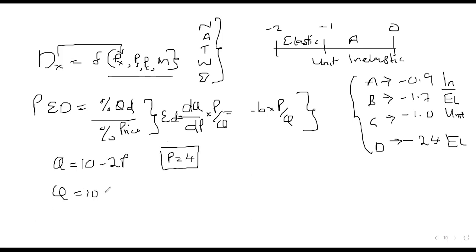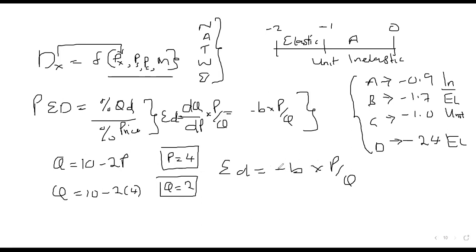So what do we get when we put our 4 there? What becomes our quantity? 10 minus 8. Our quantity is equal to what? 2. So elasticity of demand is equal to -b times price over quantity.